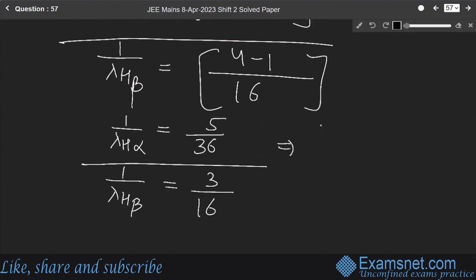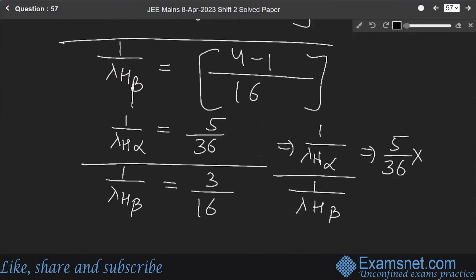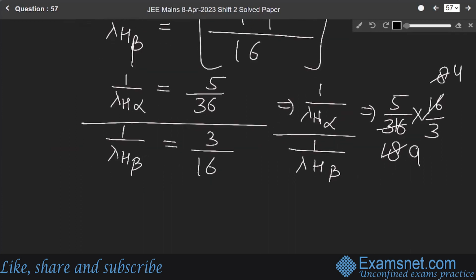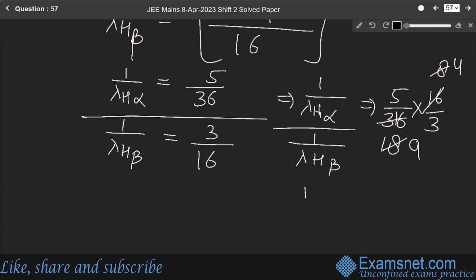Solving this, we get (1 over lambda H alpha) over (1 over lambda H beta) equals 5 over 36 into 16 over 3. 2 4s are 8, 2 9s are 18. So we get (1 over lambda H alpha) over (1 over lambda H beta) equals 20 over 27.